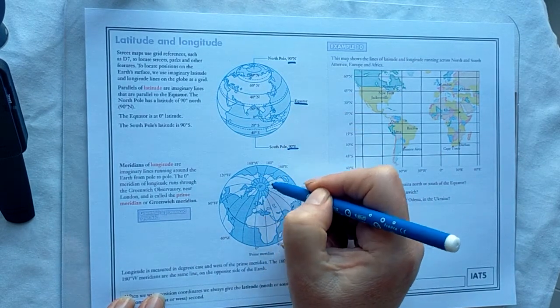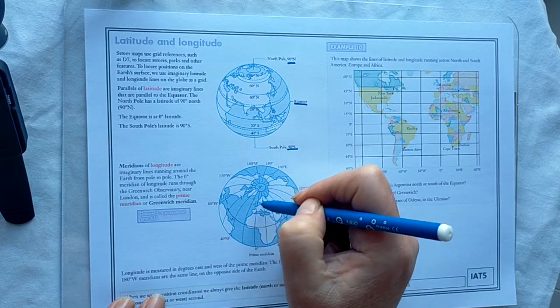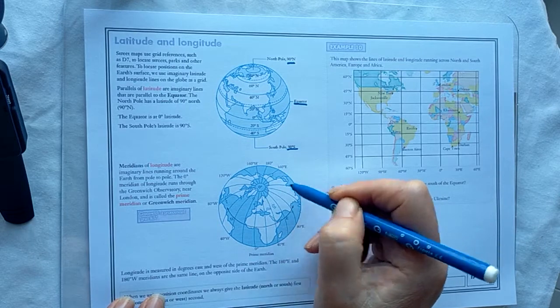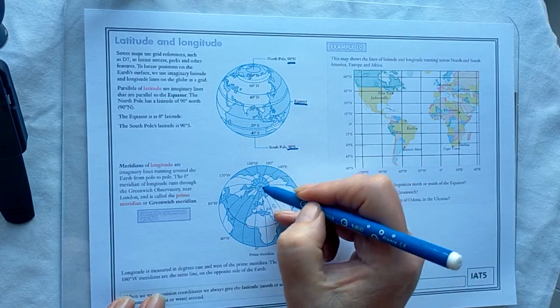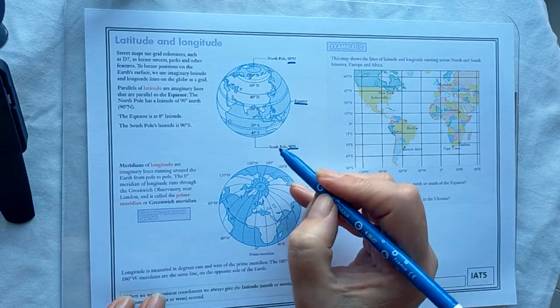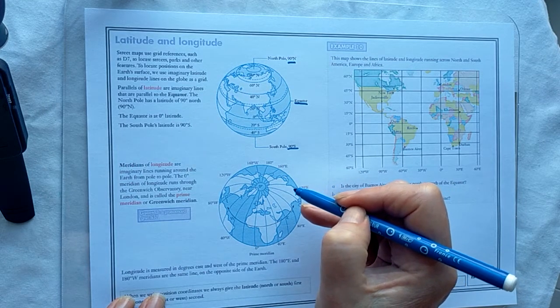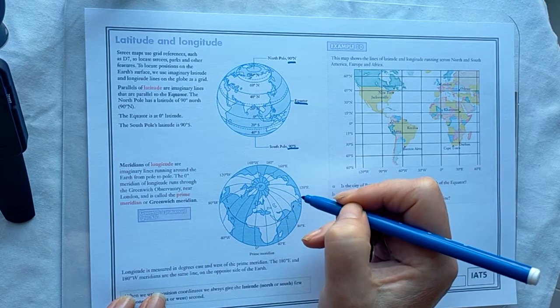We've then got lines of longitude, or meridians of longitude, that run from pole to pole. These lines head all the way around the Earth, and they tell us where around the Earth we are. They all run from 0 degrees, which runs through Greenwich Observatory, a suburb of London.